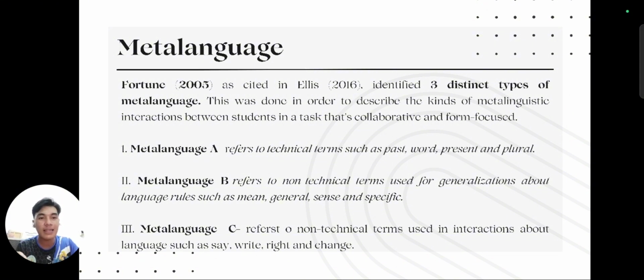The next is metalanguage B, which refers to the non-technical terms used for generalizations about language rules such as mean, general, sense, and specific. Then following is metalanguage C, which refers to non-technical terms used in interactions about language, such as say, write, and change.